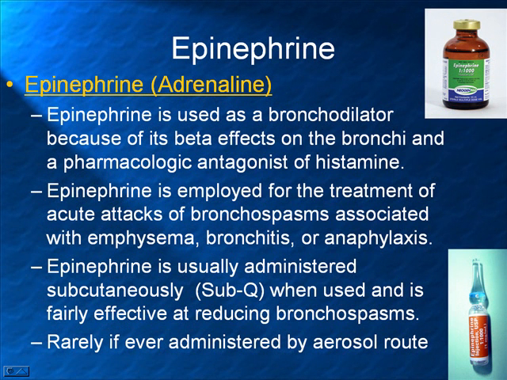We typically use it to treat acute attacks of bronchospasm associated with emphysema, bronchitis, asthma, or anaphylaxis. It's typically administered sub-Q when used for treating severe bronchospasms, and it's rarely, if ever, administered by the aerosol route.